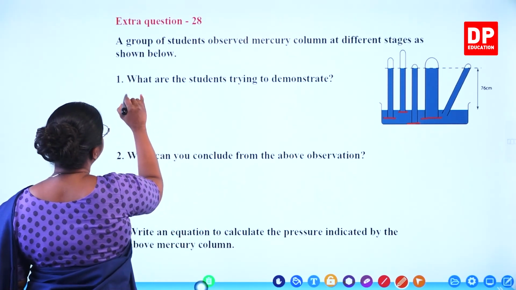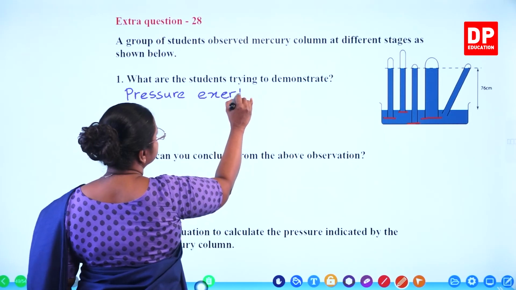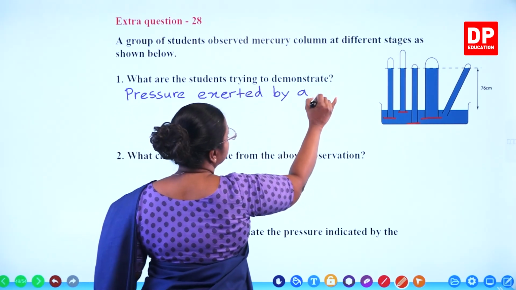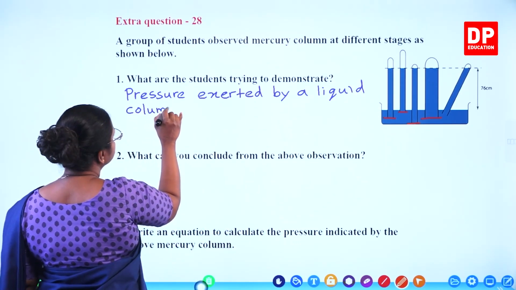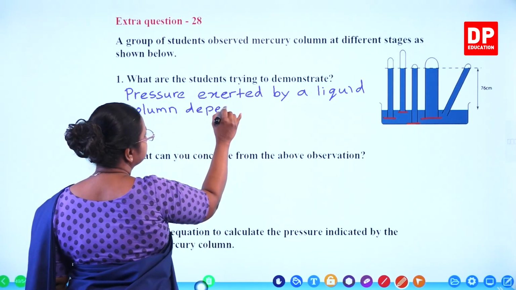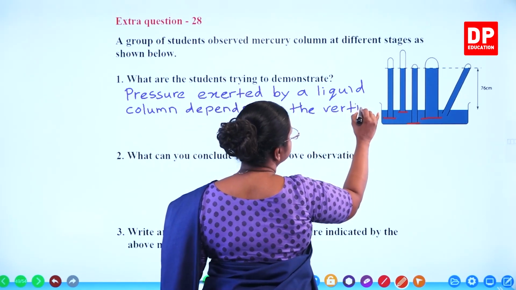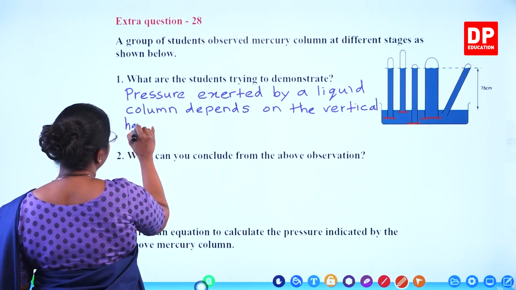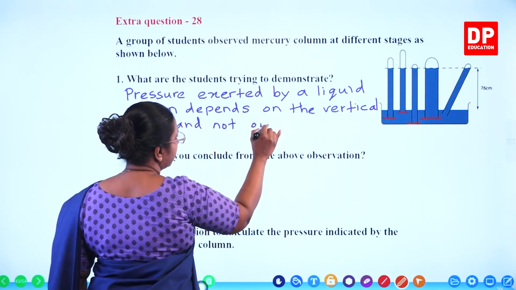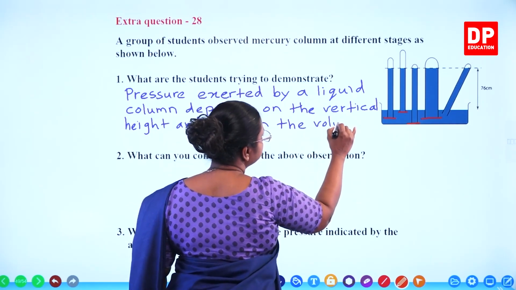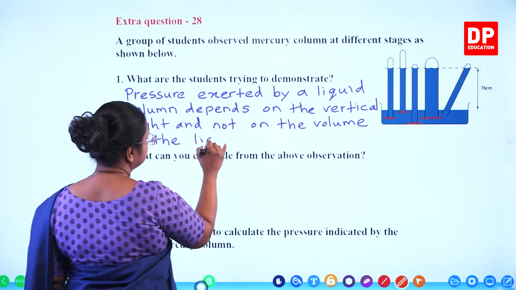So here we can say pressure exerted by a liquid column depends on the vertical height and not on the volume of the liquid.